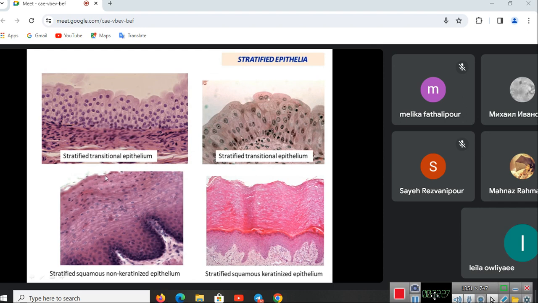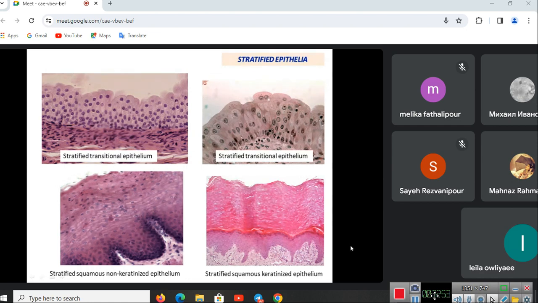Their nuclei are flattened. It means that the cells are flattened, so we can say that this is the squamous stratified epithelium, and it is non-keratinized because at the superficial layer we can still see the cell nuclei of the cells. It means that here we have living cells. They are alive because they have cell nuclei.